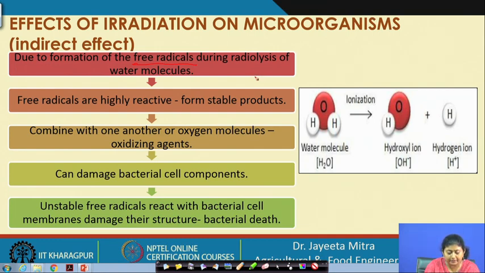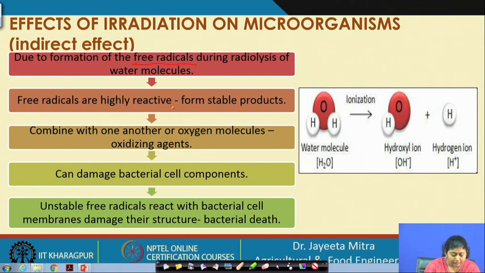Radiolysis of those water molecules will generate some free radicals. Those free radicals are highly reactive, they produce the hydroxyl ion or H3O plus ion, etc. They are highly reactive and eventually form stable products.